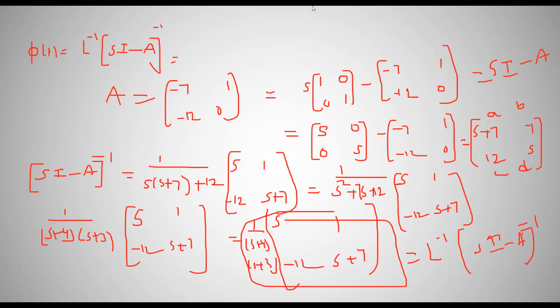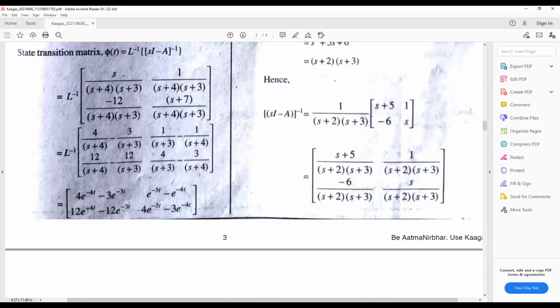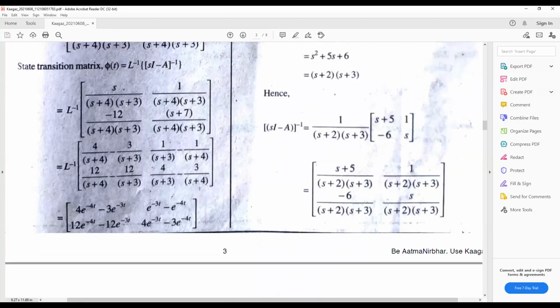So prove the given, this is the partial fractions. S by S plus 4, S plus 3 is 4 by S plus 4 minus 3 by S plus 3. 1 by S plus 4, S plus 3, its partial fractions are 1 by S plus 3 minus 1 by S plus 4. Do it like that for all terms. So, what is the formula of Laplace inverse of 1 by S plus A?